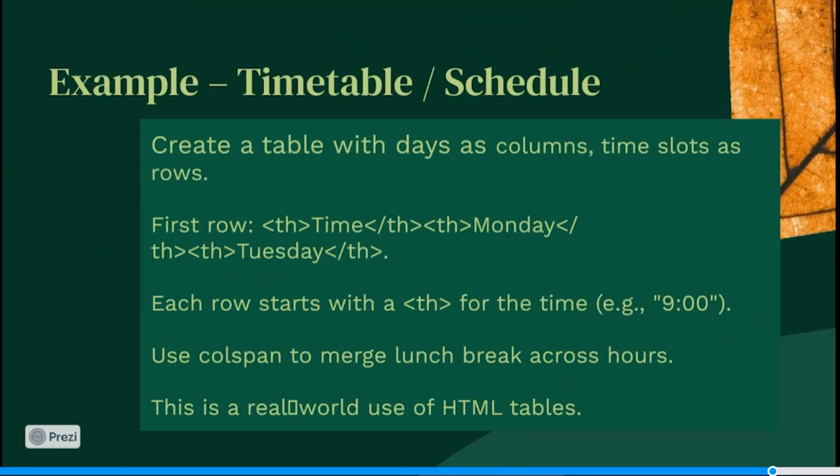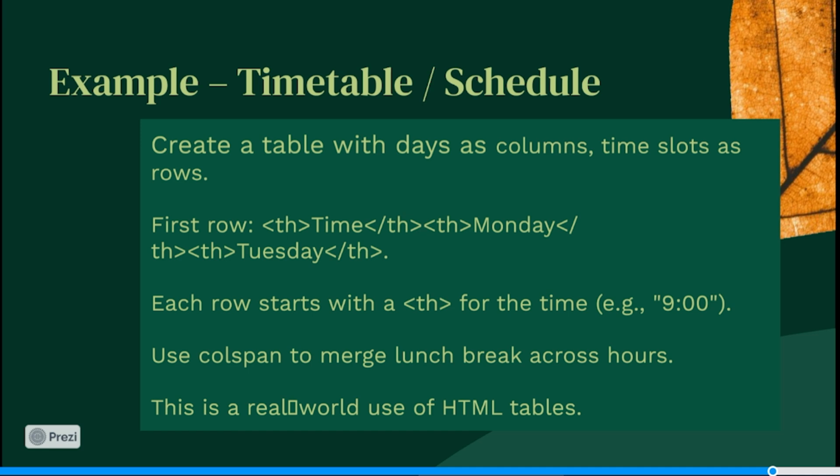Okay. Now you can pause the video. You can try this task. Create a table with the day as a column and the slot as a row. In the first row you can add the time. Okay, the table headings, three types of table headings. The first one is time, and then Monday, Tuesday.